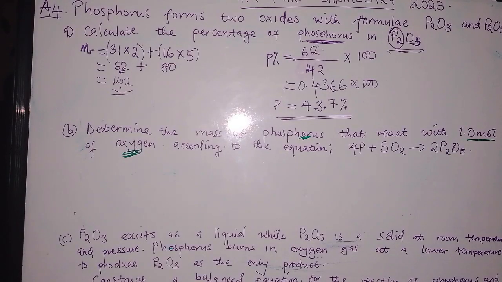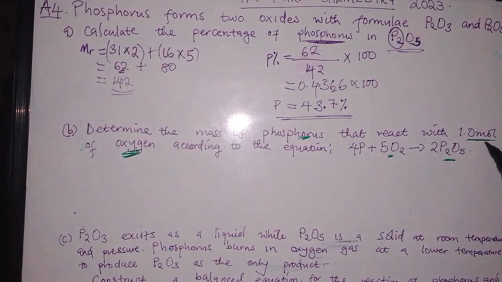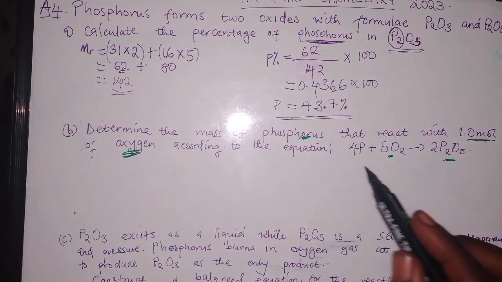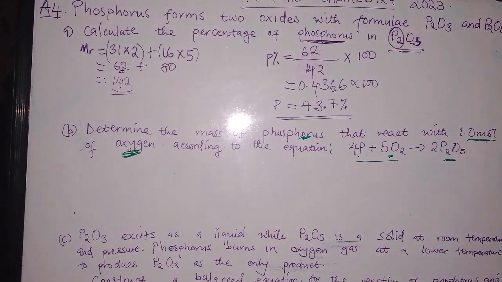So in our equation we are not going to use this one, we are going to use this one which has oxygen, because we have the moles for oxygen and we are calculating the mass for phosphorus. We are going to compare them and find the mass.